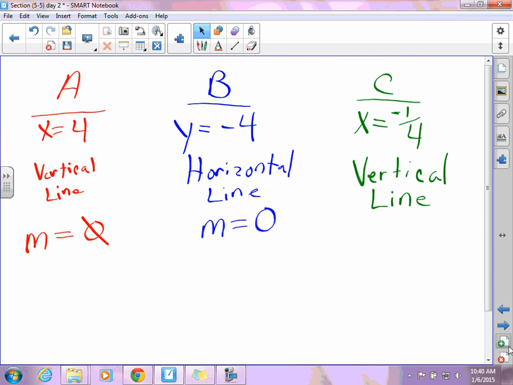Okay, why are B and C parallel? Because I made C negative. So if C was X equals 1/4, would they be perpendicular? What do you compare when you compare lines and parallel and perpendicular? The slope, not the equation.